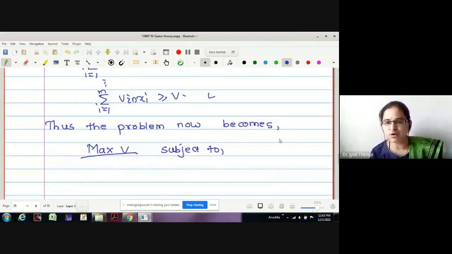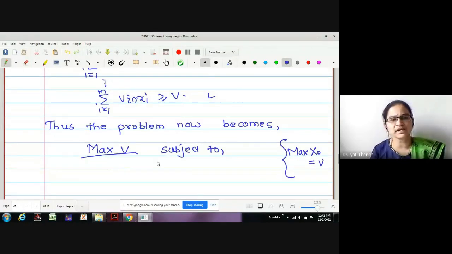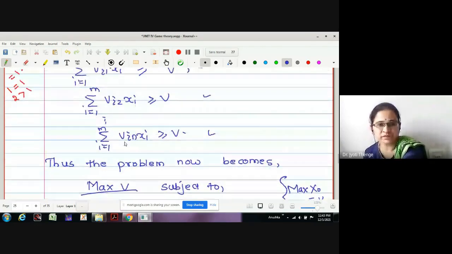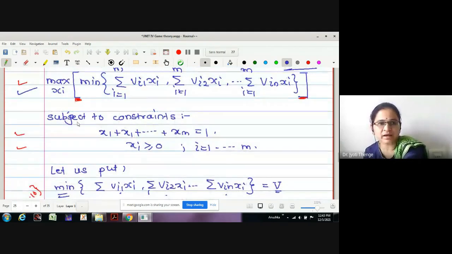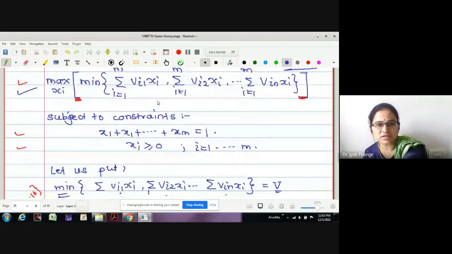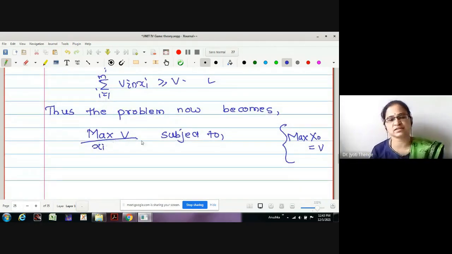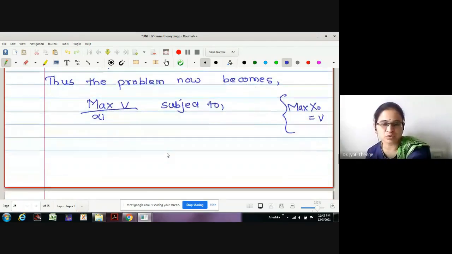In the book it was written maximize x naught equal to v, but I feel it is better to write maximize v only, because here we were directly substituting. The minimum of this bracket is v and the objective function is the minimum of this bracket. So this is maximum over xi, maximum of v subject to the constraints.